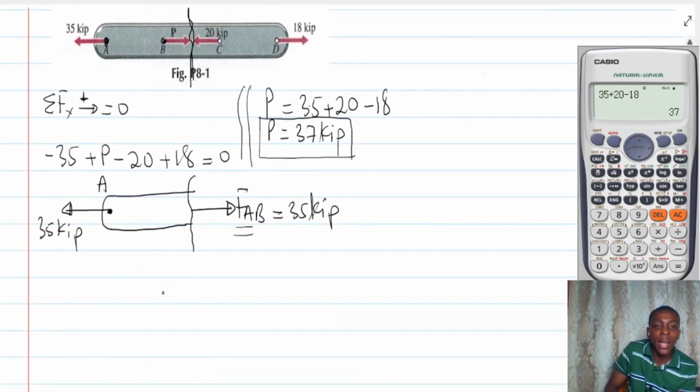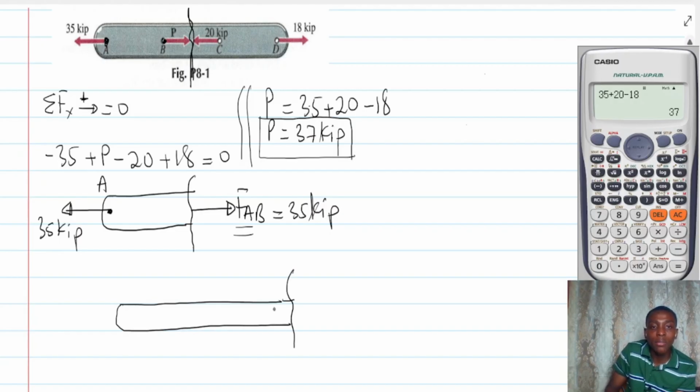We come all the way here, and this is where we introduce the cut between B and C. The force at B is the one that we know here as P, which is 37. It means that this force is 37 kip. And don't forget that there is a force here at A, which is 35 kip.